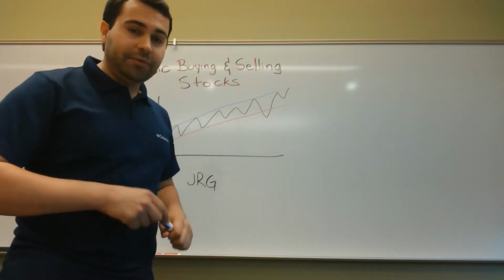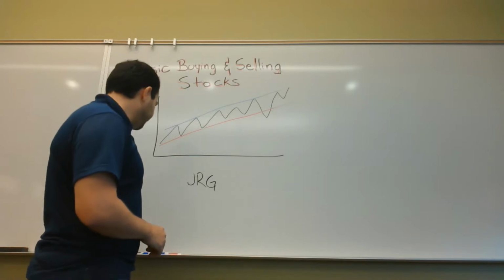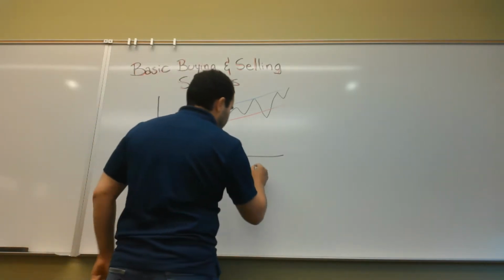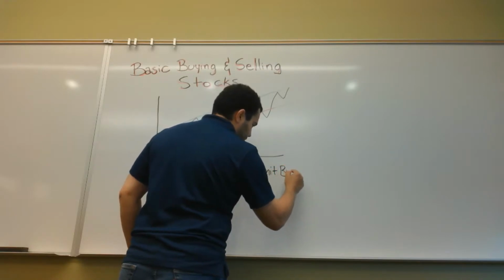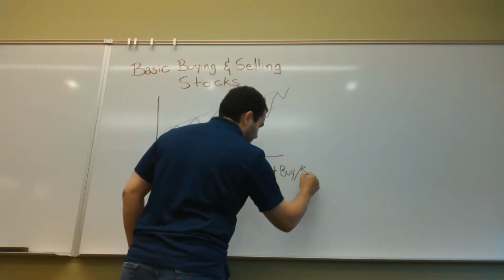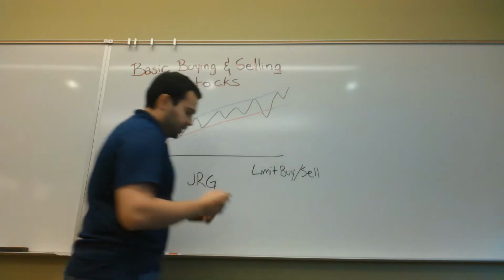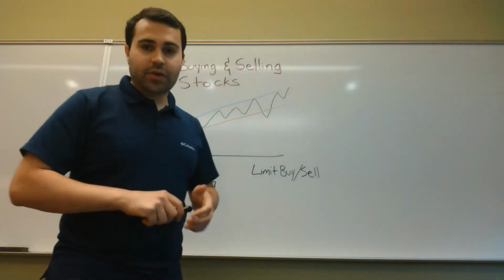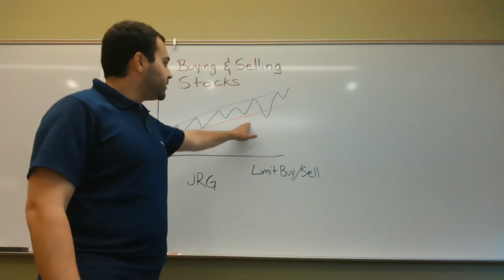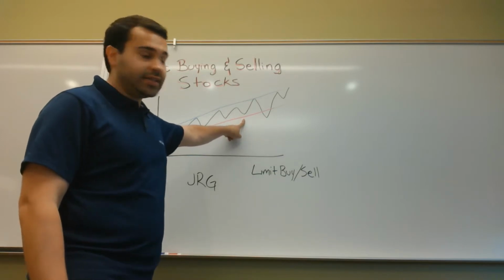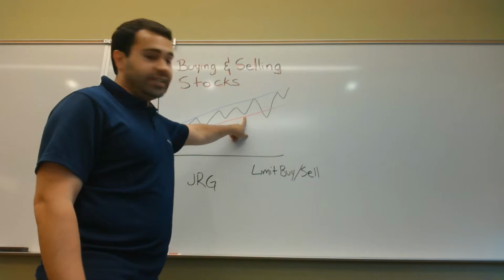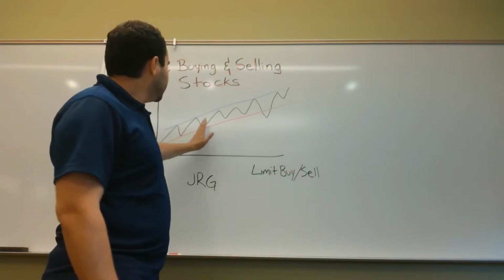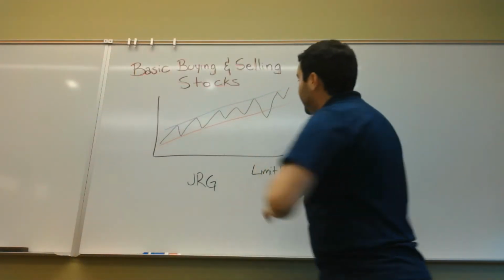If you remember when we talked about limit buys and limit sells, you can set a price to automatically sell a stock once it hits a certain price, right? So let's say this bottom end right here was $30, and we haven't made it this far yet.